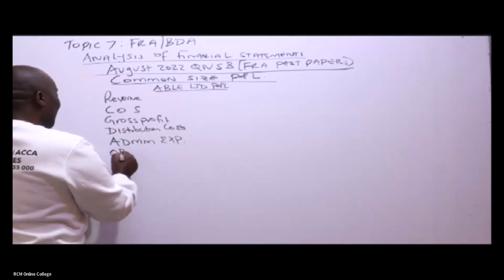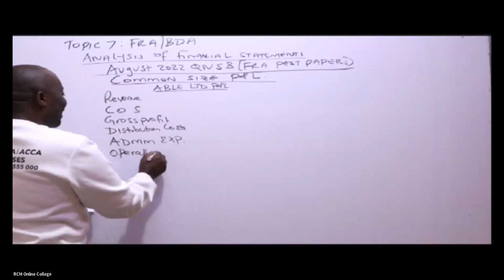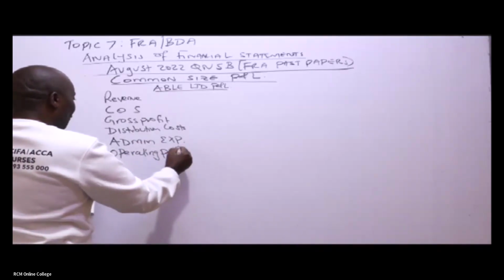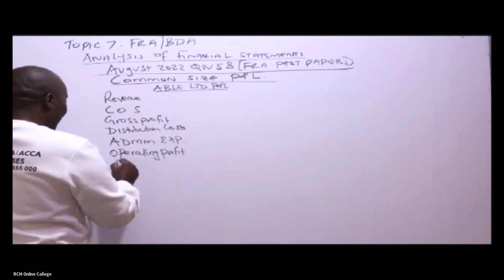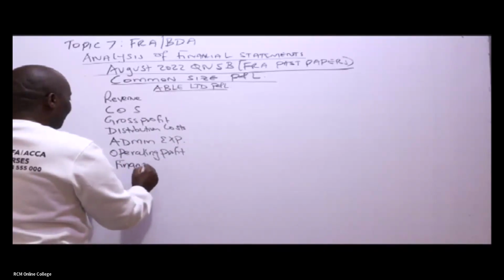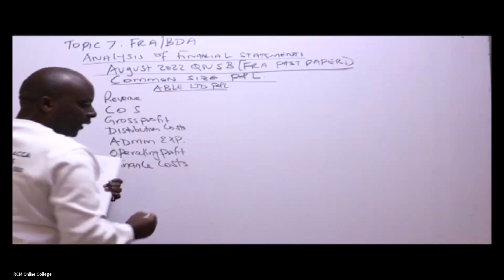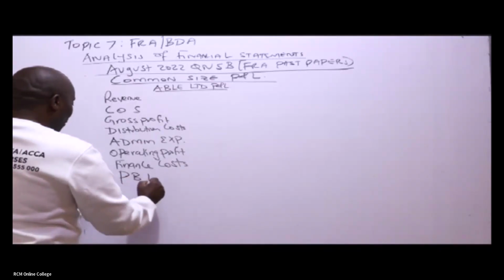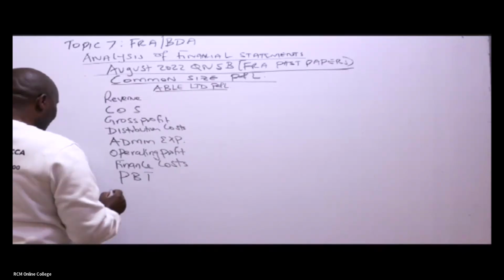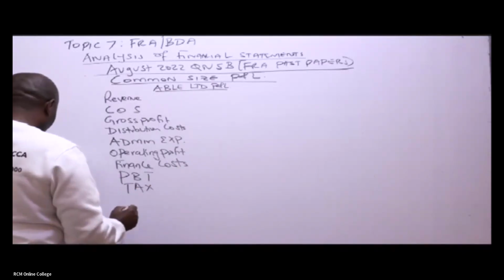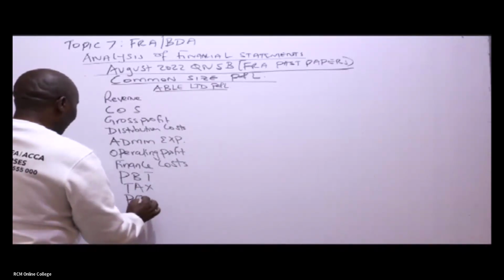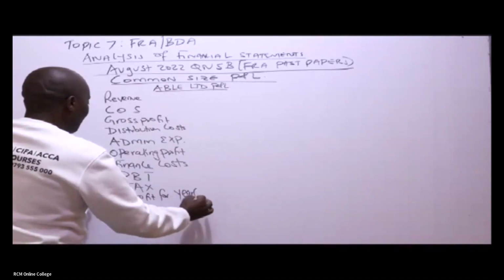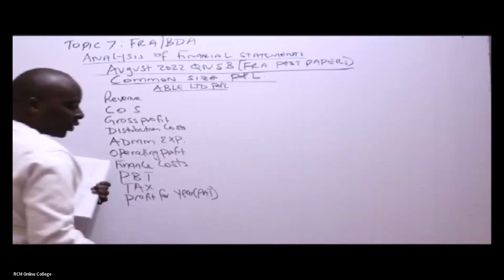Of course, the BDA students are very lucky because you are not copying anything; already you have the question. Then we have operating profit, finance costs, a PBT, profit before tax, and then profit for the year, our PAT, profit after tax.